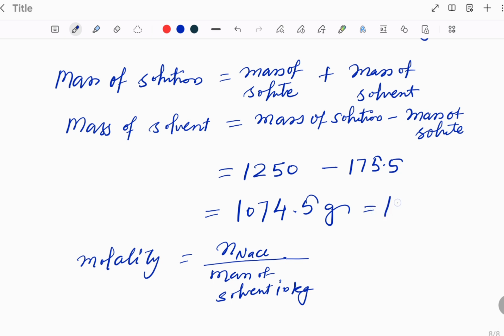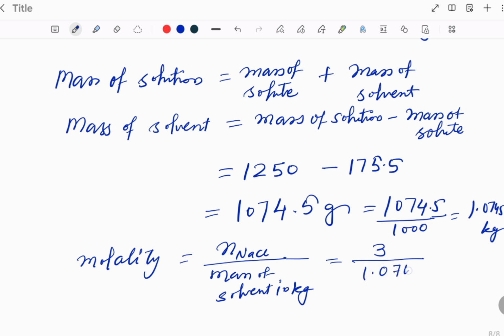That is, we will divide the mass in grams by 1000. That comes out to 1.0745 kilograms. So the number of moles of NaCl was 3, divided by 1.0745.